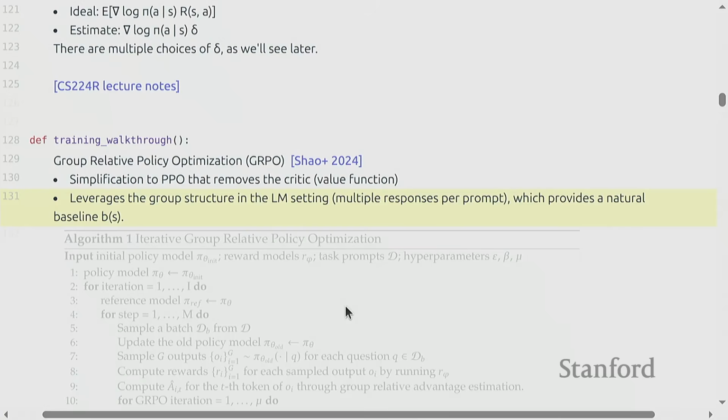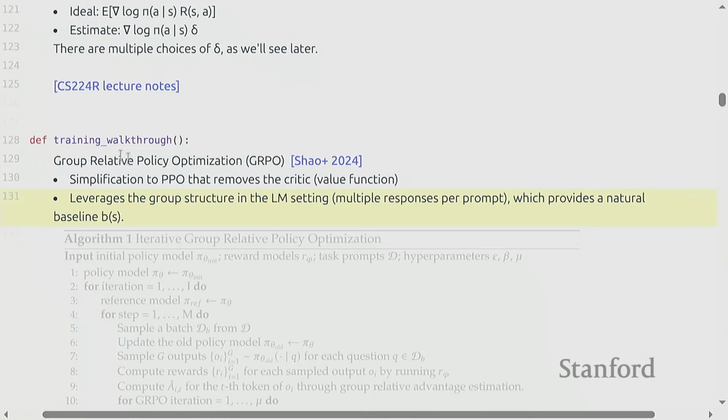The particular thing is that in the language modeling setting, you have a prompt. You can generate a bunch of responses from that prompt. And this gives you a natural group structure to compute the baseline, which turns out to be the average over the rewards. The whole point is that you're trying to minimize the variance, and the group is a natural comparison set.